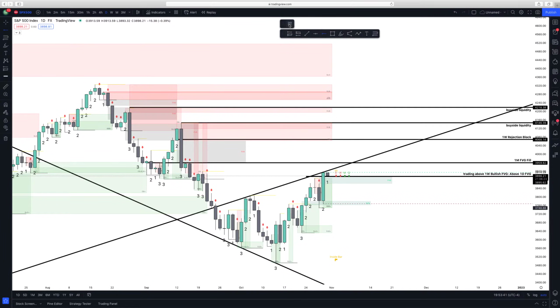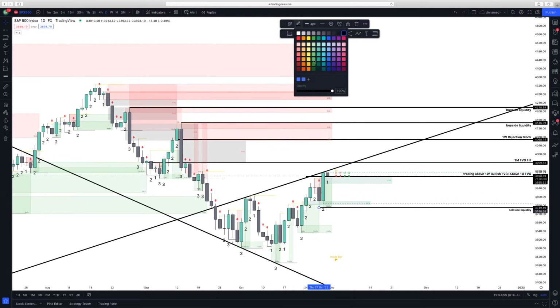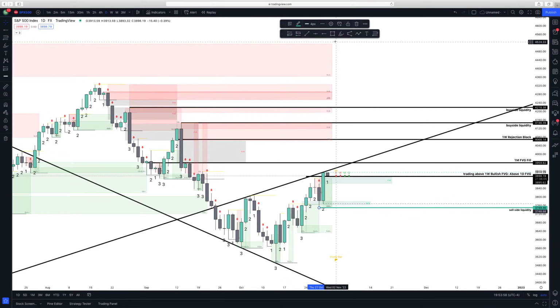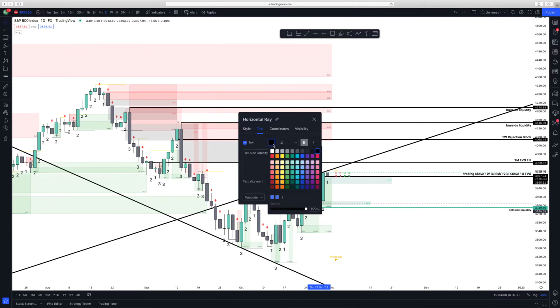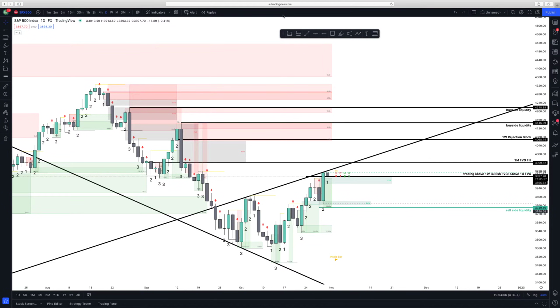I'm also going to mark sell side liquidity, which is just under here, 37.49. I'll also make sell side liquidity a different color. Sell side liquidity from the daily chart.